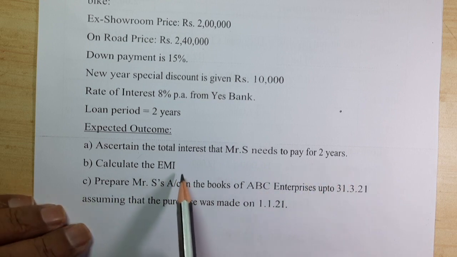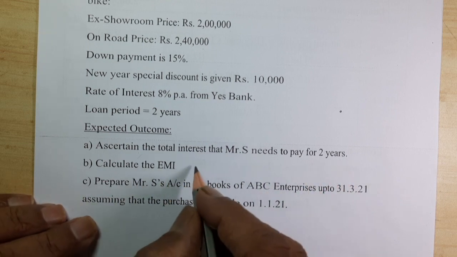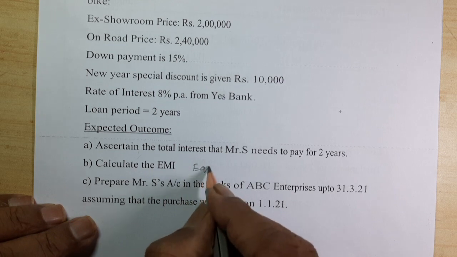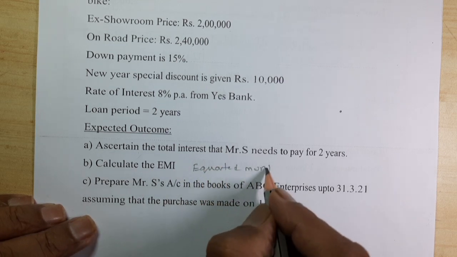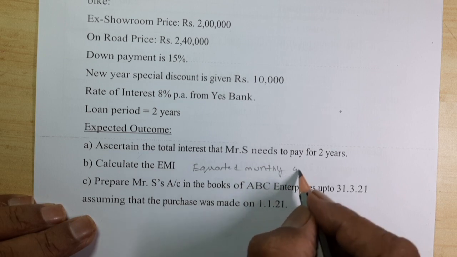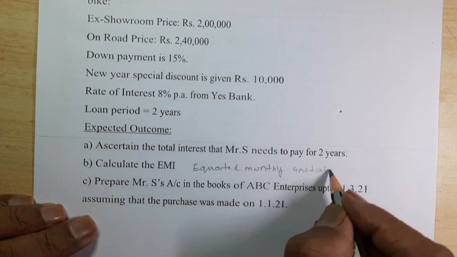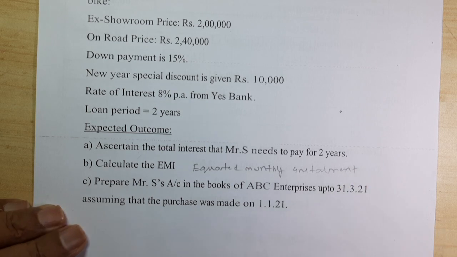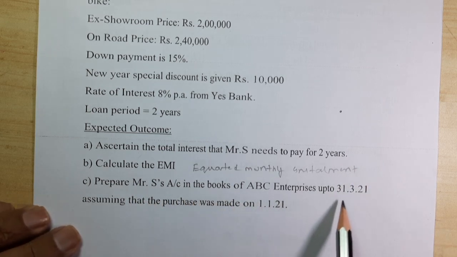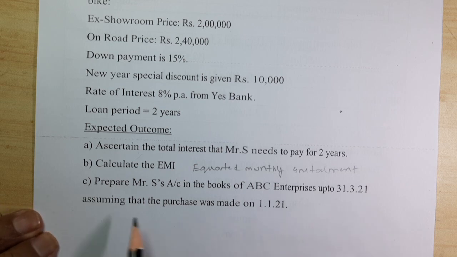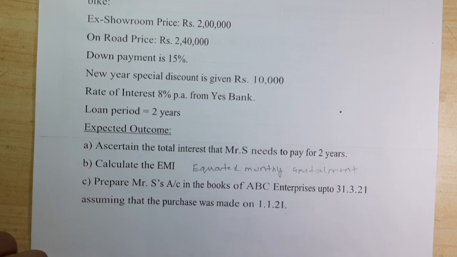Calculate the EMI, that is equated monthly installment. Prepare Mr. S's account in the books of ABC Enterprises up to 31/3/21, assuming that the purchase was made on 1/1/21. So how are you going to write it?